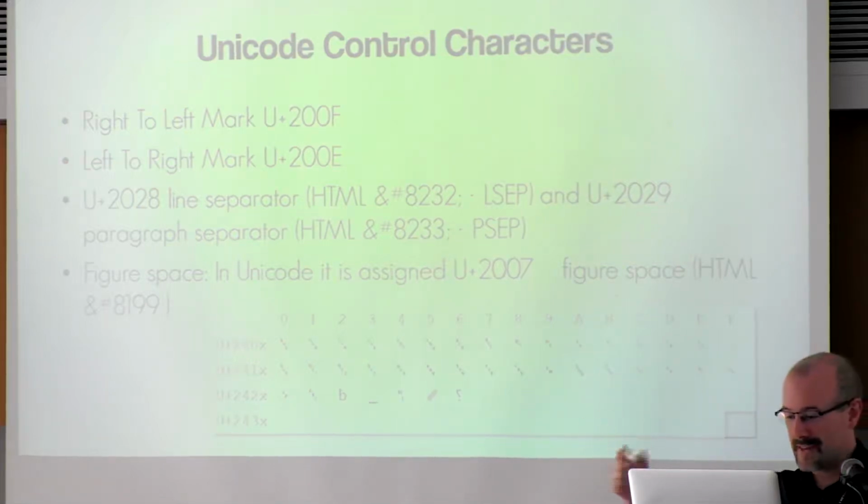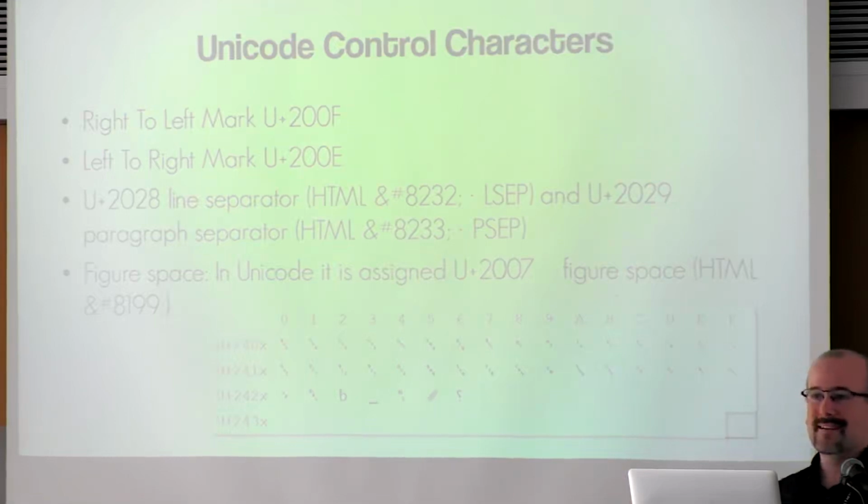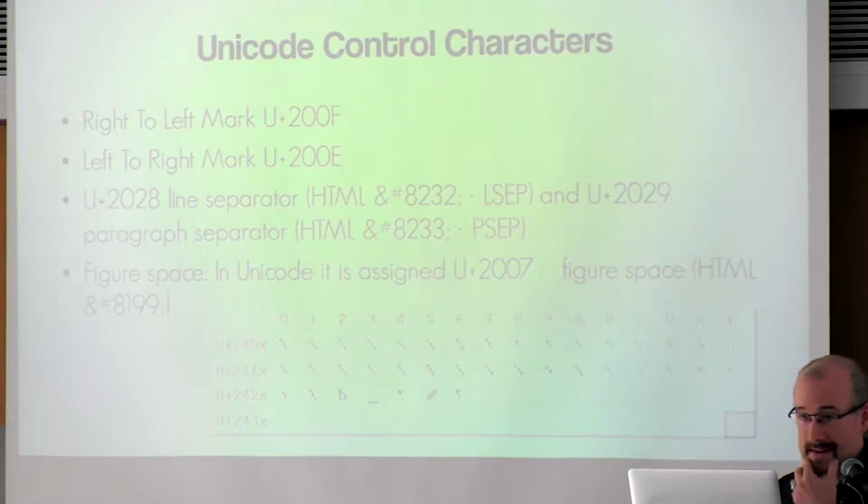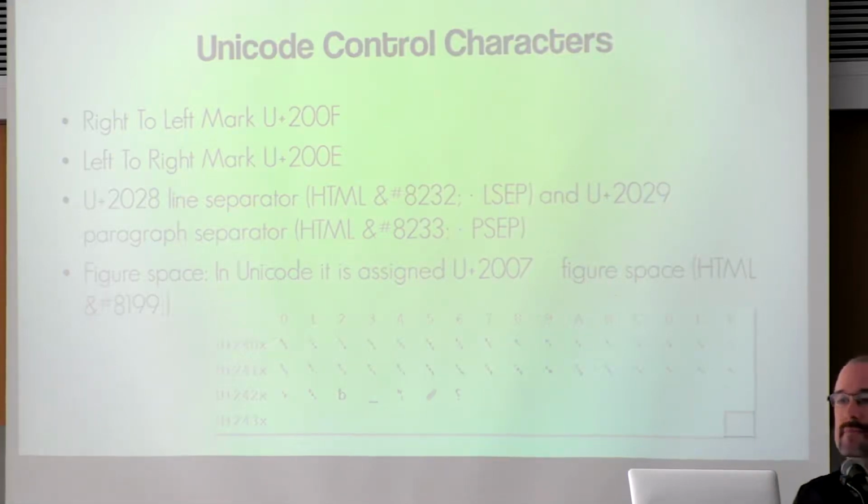So you have two CRLFs. That means there's a second line feed in Unicode, and line separator at 2028 and paragraph separator at 2029. Those have to be interpreted at some point if you're going to be parsing a file into lines.